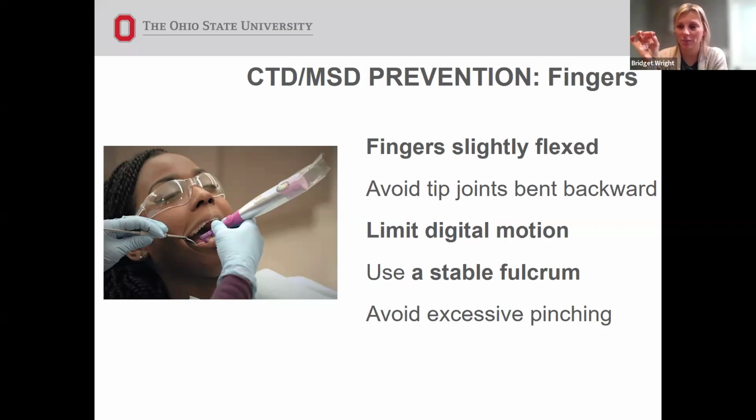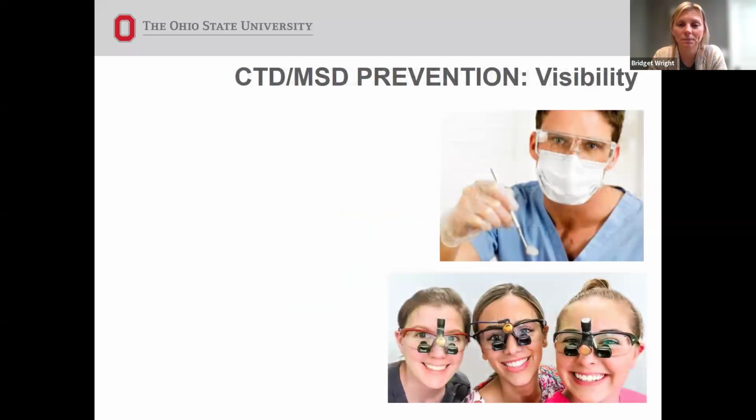What that means is, instead of moving my fingers like this, I want to move my whole hand and my whole wrist together as a unit. Really finding a stable fulcrum, ideally on the arch in which you're working, will help you to be most effective, and it's also safer for the patient if it's on the same arch. And then, like I said already, I've been avoiding those pinching motions.